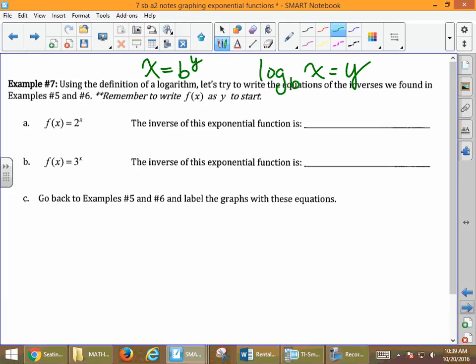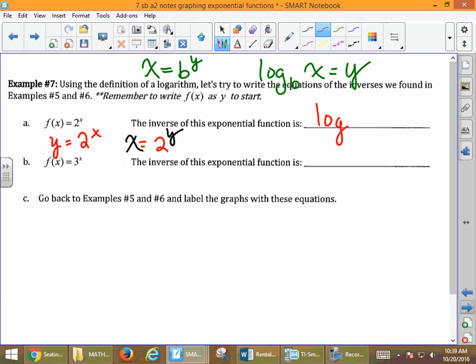As we look at our function, here's our original function, the first function that we graphed. We graphed y equals 2 to the x. So then the inverse means that we have to switch the x and the y. So it's going to be x equals 2 to the y. And now we want to write this in logarithmic terms. Log base b.